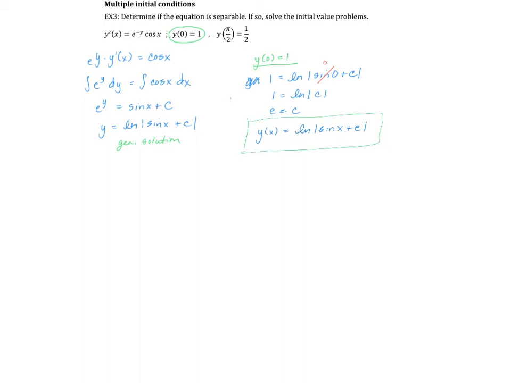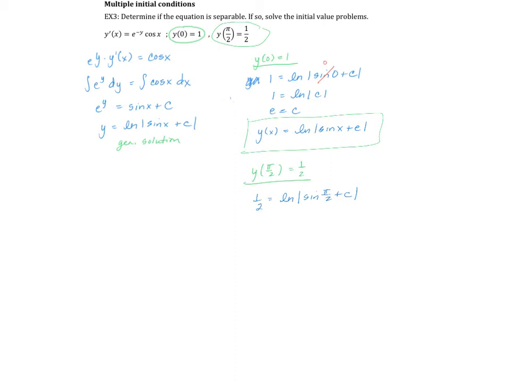So let's look at the other initial condition and see if we can find a specific solution for those initial conditions. So this is y of pi over 2 is equal to 1/2. We have the equation 1/2 is equal to natural log of sine of pi over 2 plus the constant c.